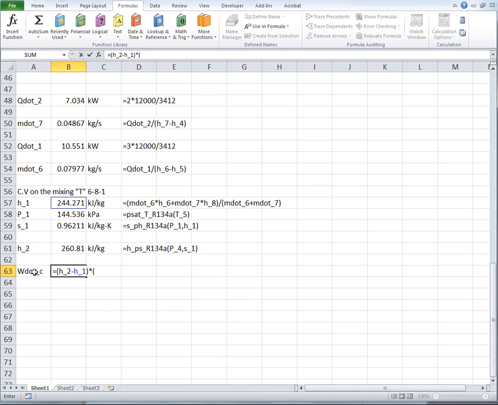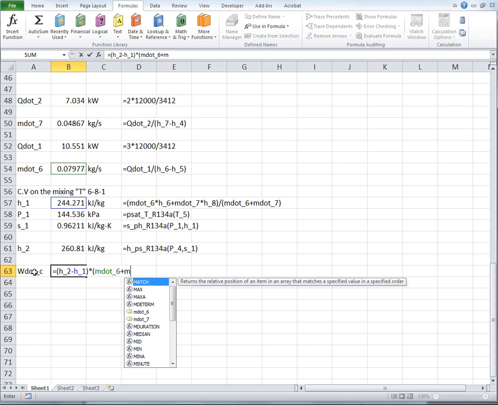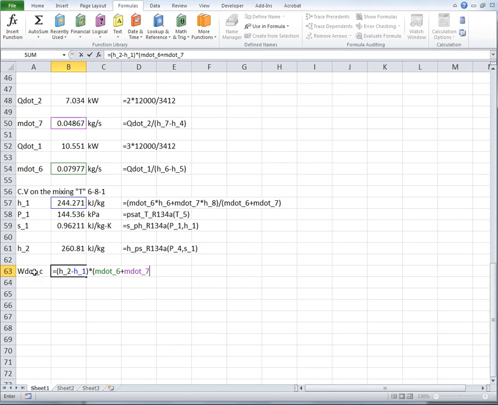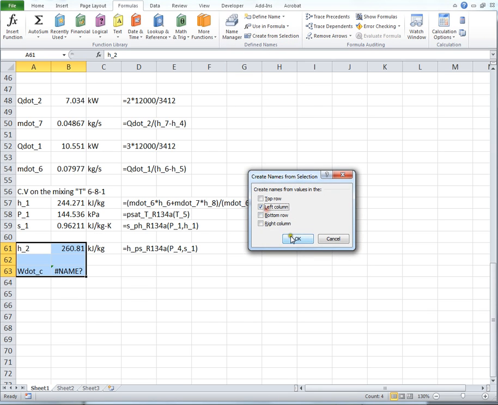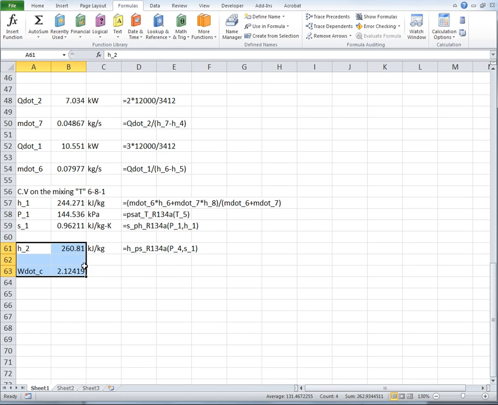What's the mass flow rate through there? It's the total of m dot 6 and m dot 7. Okay, so we're coming up with 2.112 kilowatts.